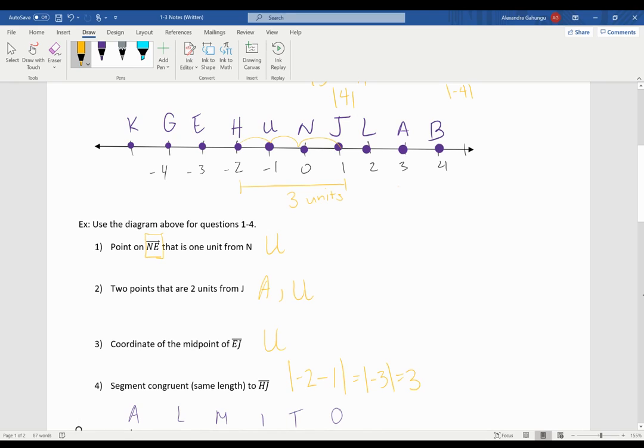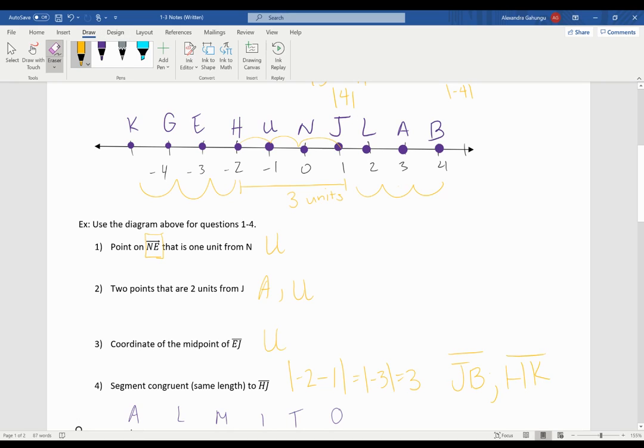So that means that I need something that's 3 units away. I can count it. So I can go from J to another spot, and it looks like I could go 1, 2, 3 and find a congruent segment in JB. If I go from H, 1, 2, 3, I could have HK.